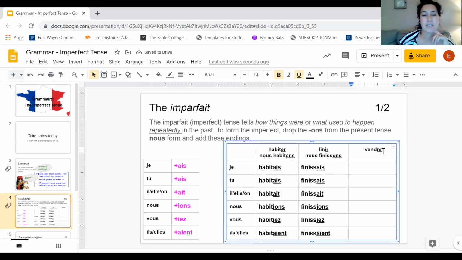And let's take vendre, which means to sell. So if you forgot that, then you can put that to the side. And I'm going to tell us the nous form, which is vendons. So nice and simple.